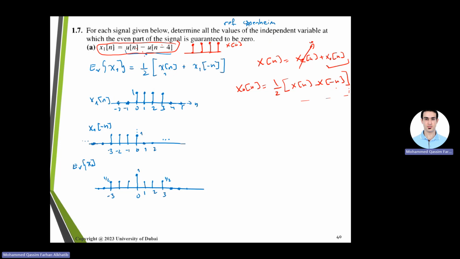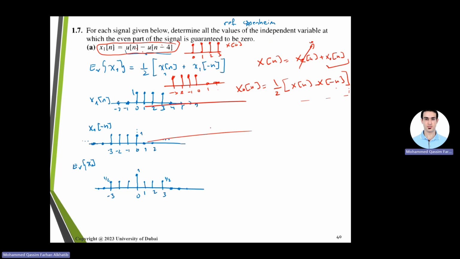All right. So I have this drawing here. That's x of n. Now x of negative n. So this is 0, 1, 2, 3. x of negative n will be negative 3, negative 2, negative 1, 0, 1, 2. So I'll have the pulses there at the negative indices and zeros elsewhere. Add them together.